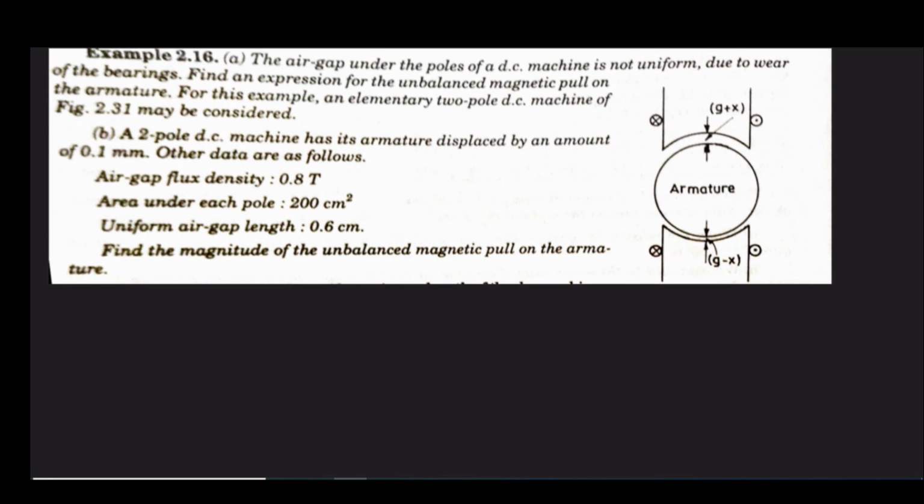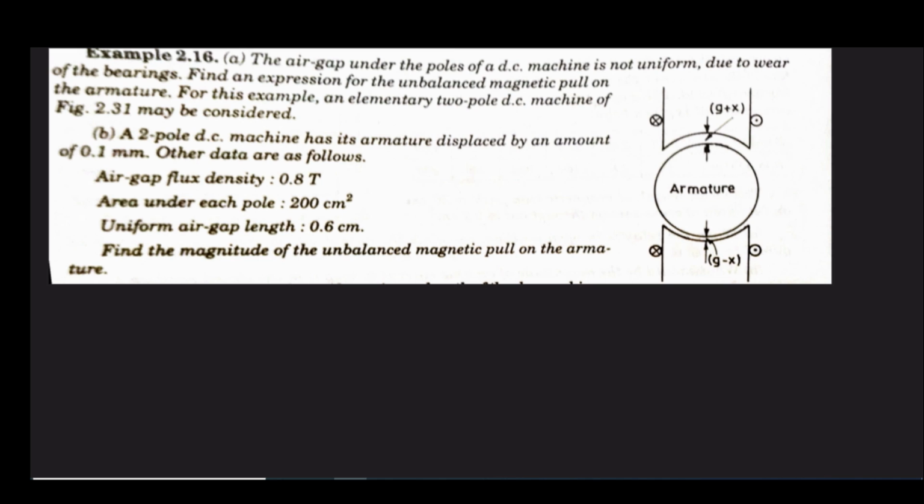So now let us consider problem number 2. Here the air gap under the poles of a DC machine is not uniform. The bearings are not uniform. It is slightly tilted to one end of your pole shoe. We have to find an expression for this unbalanced magnetic pull on the armature.